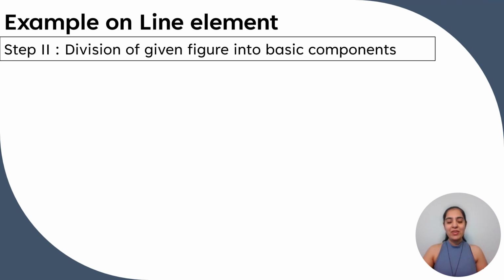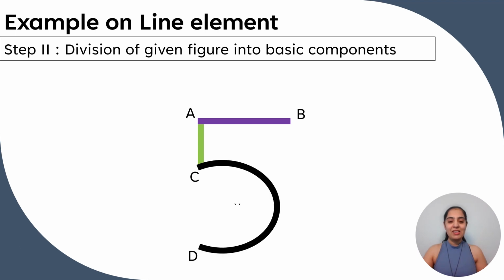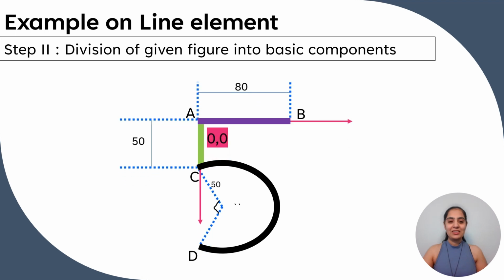Yes, we will divide the given figure into basic components. So, yes, this is the first element AB, this is the second element AC, and this is the chord CD. We are ready to go to the next step.